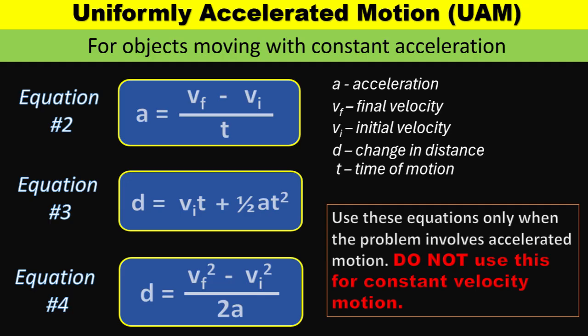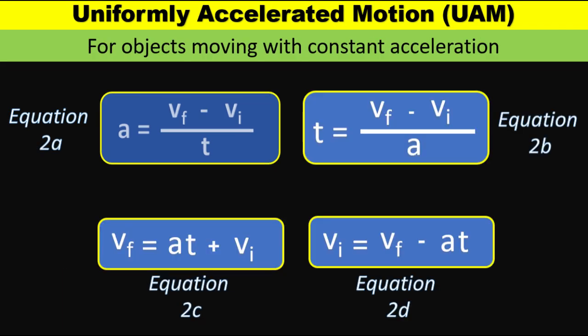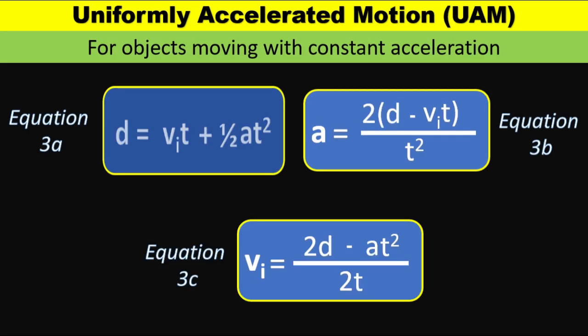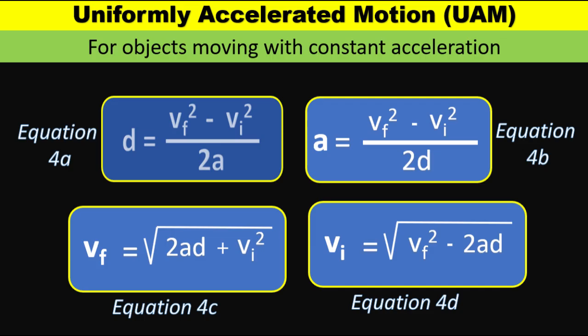VI is initial velocity, VF is final velocity, A is for acceleration, D for distance, and T for the time of motion. Remember not to use these equations if the situation describes a constant velocity or average velocity motion. If you're good with memorization, you can memorize these equations for your exams. We will get back to these equations in our examples.